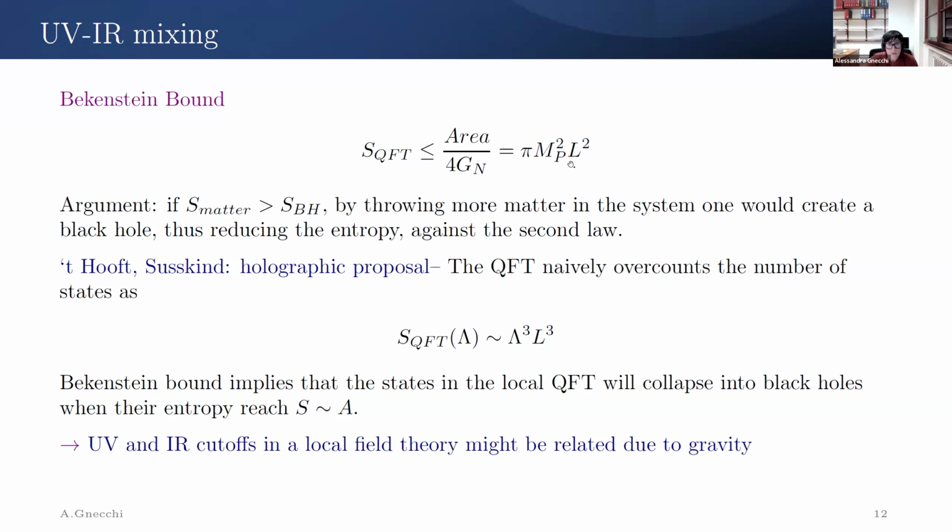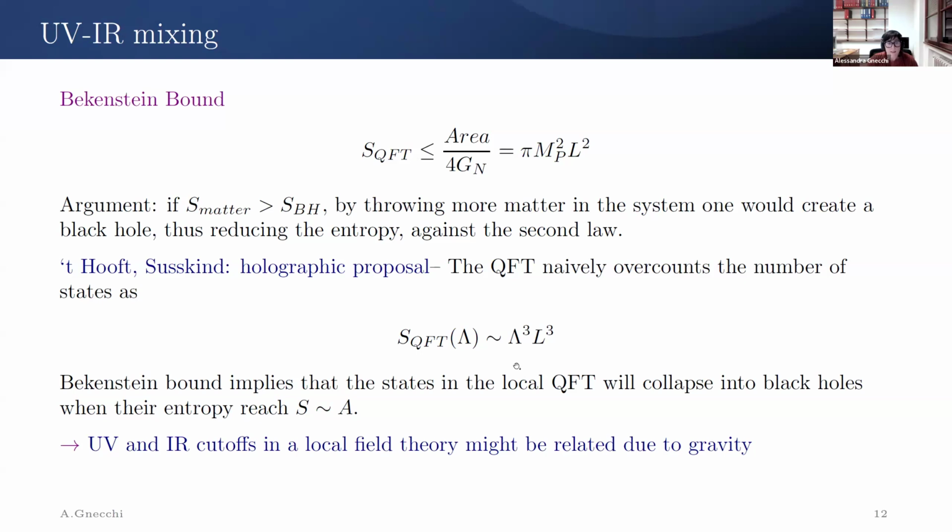But this is interesting, first of all, because it tells us that naively in a QFT, the scaling of the entropy of the QFT with the volume and the UV cutoff, this lambda, is cubic. And so somehow the Bekenstein bound is hinting at the fact that the quantum field theory is overcounting the number of fields.